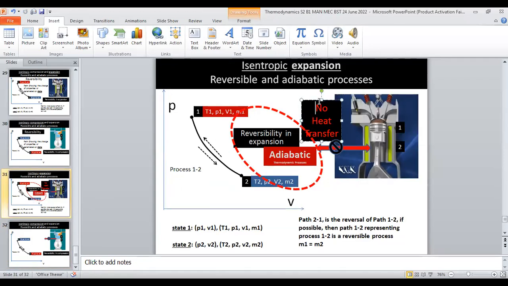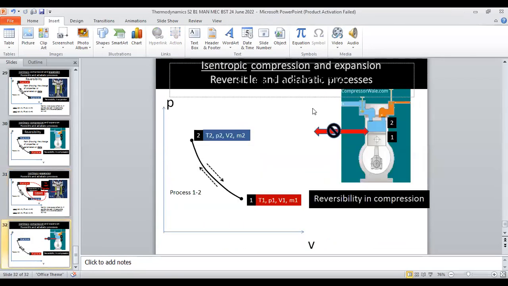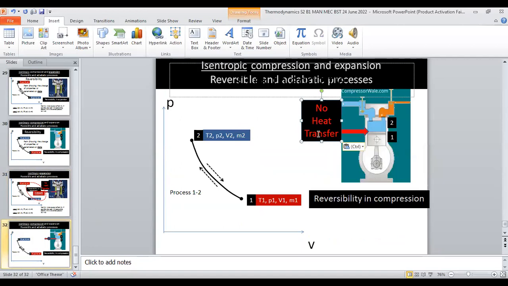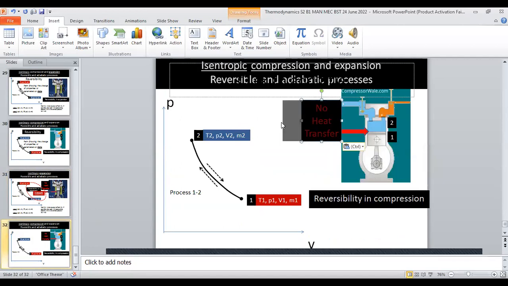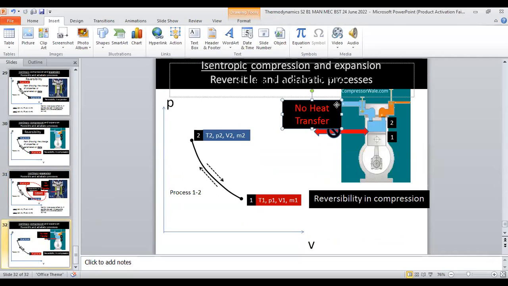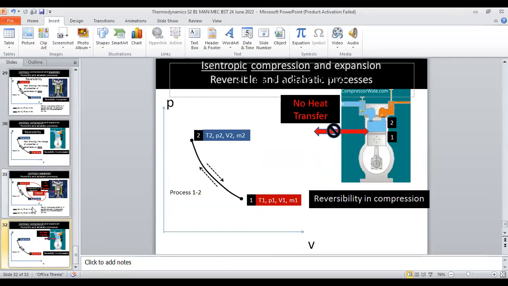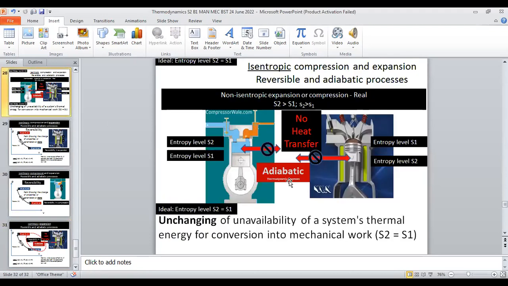No heat transfer. No to heat transfer means adiabatic.